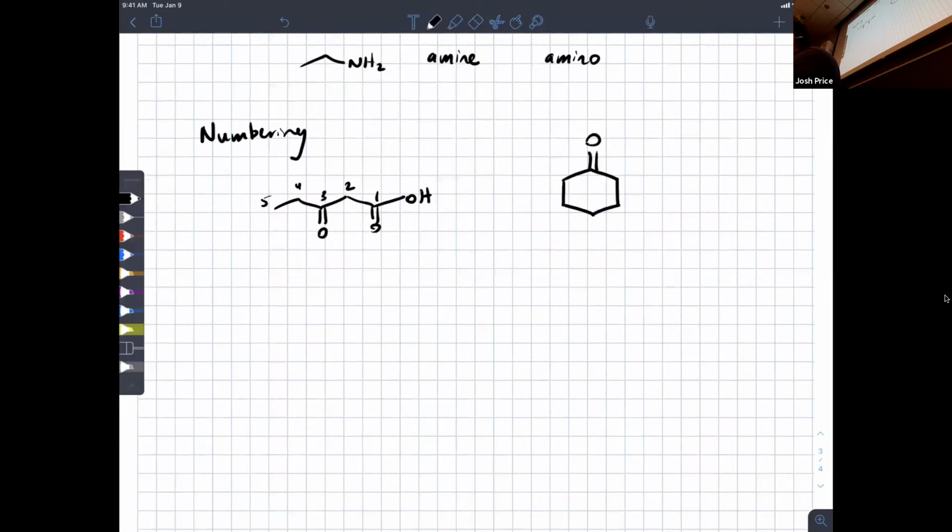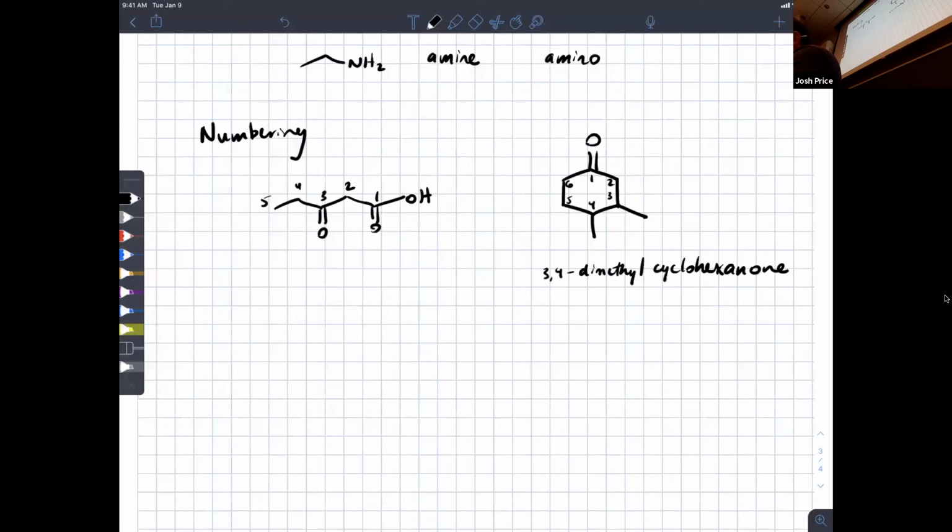So here is a ketone with two groups on it. Technically, the ketone carbon in this cyclohexane ring gets the designation 1: 1, 2, 3, 4, 5, 6. And then I would call this 3,4-dimethylcyclohexanone.